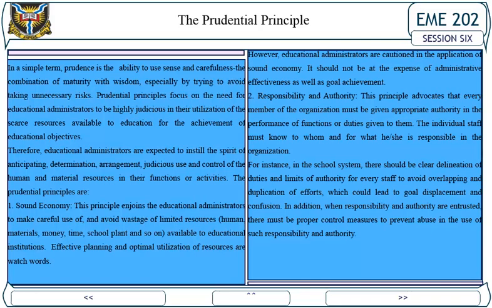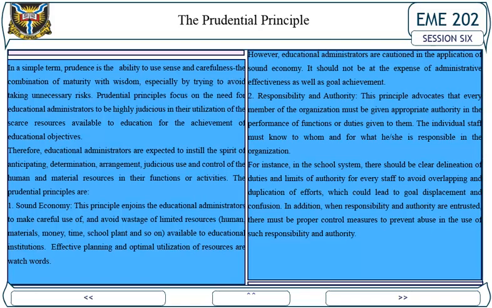C. The prudential principle. In simple terms, prudence is the ability to use sense and carefulness in the combination of maturity with wisdom, especially by trying to avoid taking unnecessary risks. Prudential principles focus on the need for educational administrators to be highly judicious in the utilization of the scarce resources available to education for the achievement of educational objectives.